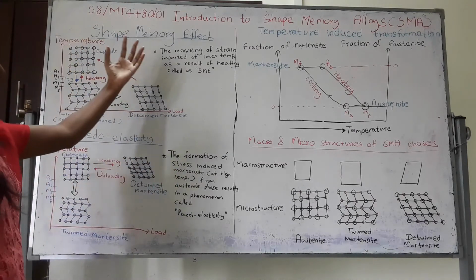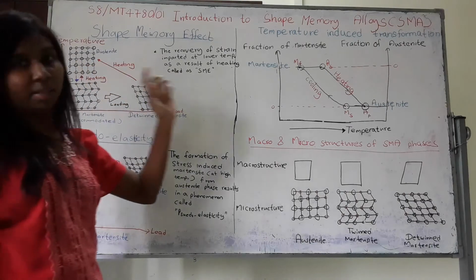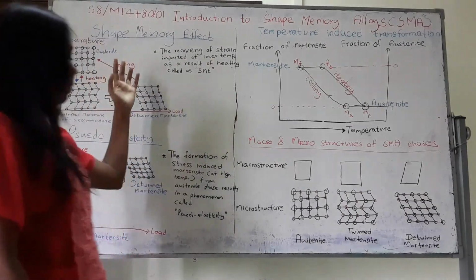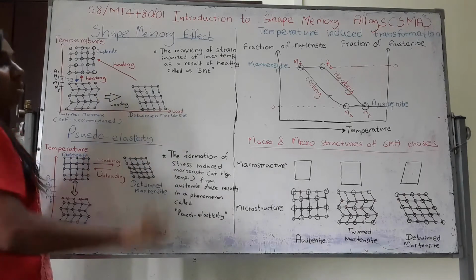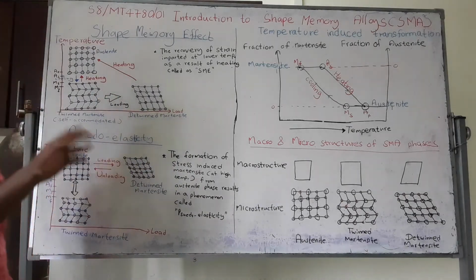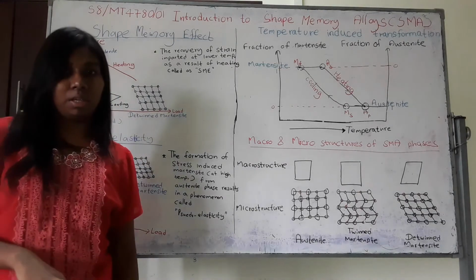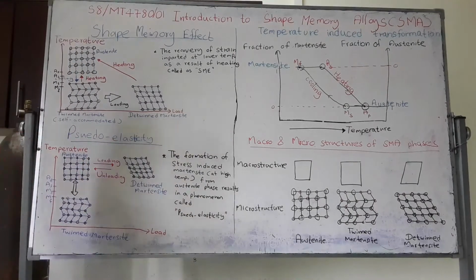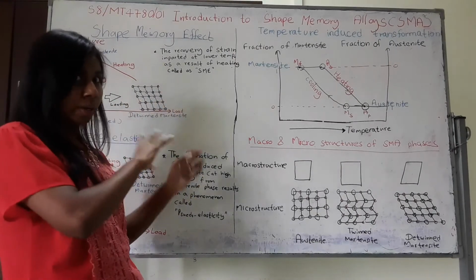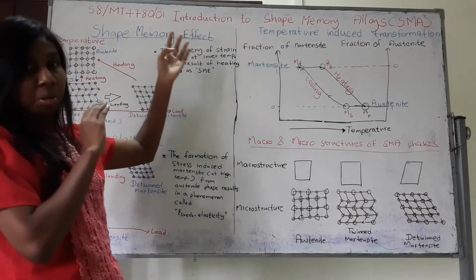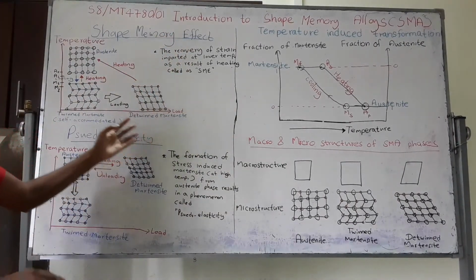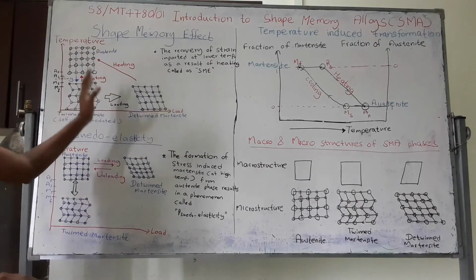So shape memory effect, I have already discussed with you. I will briefly explain this diagram again. Shape memory effect is a recovery of strain that has been given at lower temperature, and this recovery happens as a result of heat. So that is the shape memory effect.